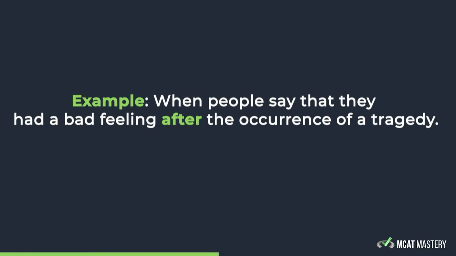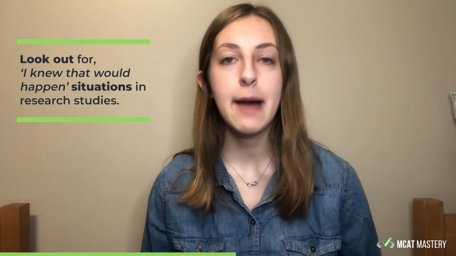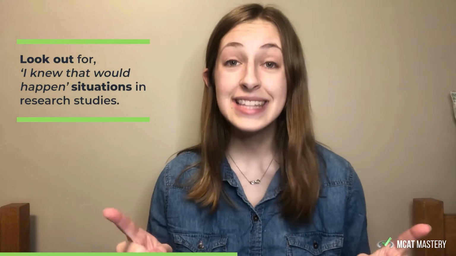So one example of this bias is after a tragedy, a lot of people might say something like, oh, I had a really bad feeling that something was going to occur, or something didn't feel right. And in the moment, it probably felt fine, but instead, hindsight bias makes us want to know things happened before they did. So anytime you catch yourself going like, oh, I knew that was going to happen, even though you had no idea, that's hindsight bias.